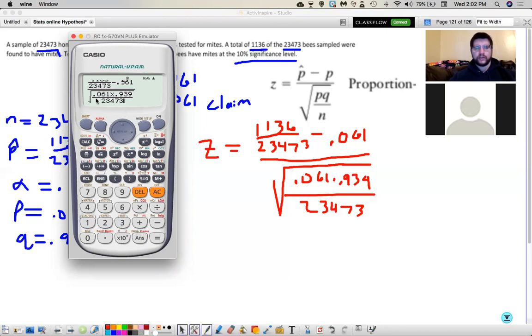Make sure this whole thing's in the square root. And we come up with a ridiculously large test statistic there. So, yeah, that's going to be our test statistic. Negative 8.0685, unless I did something wrong.